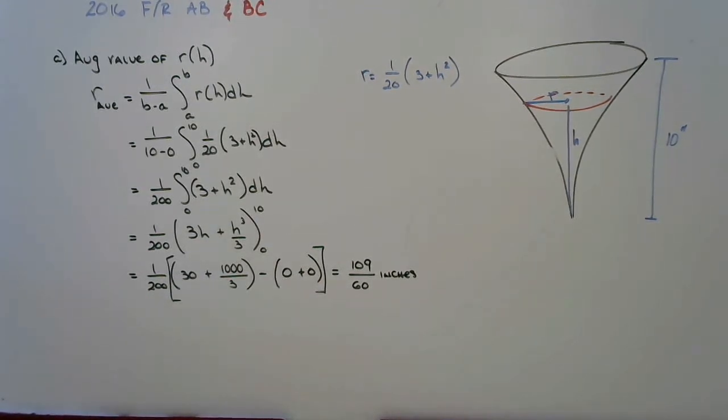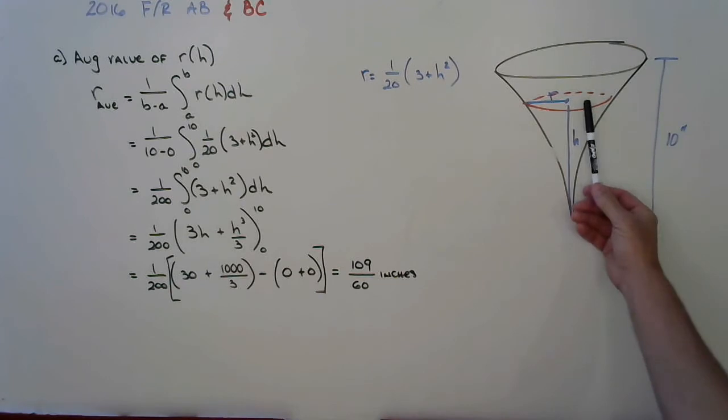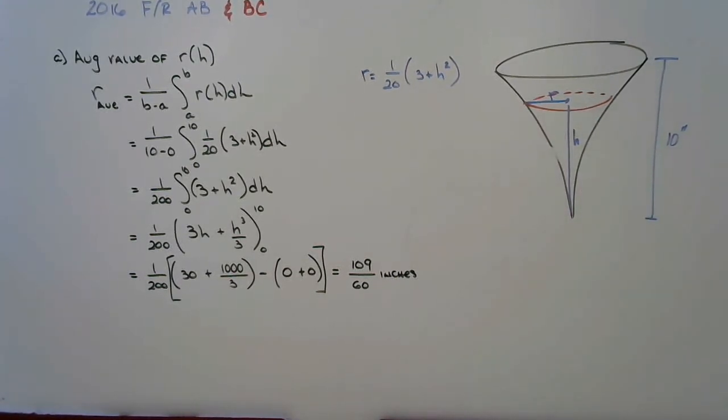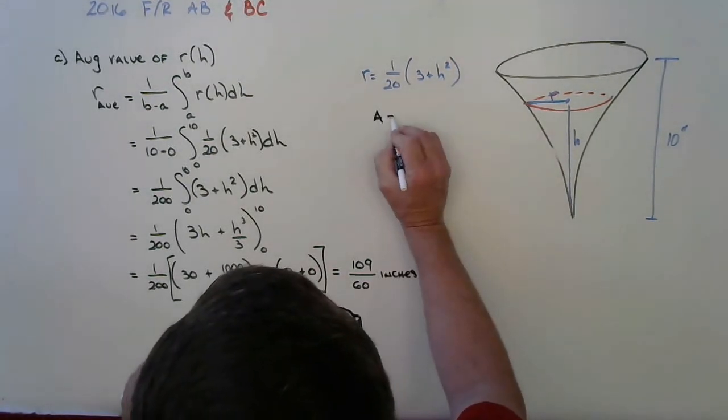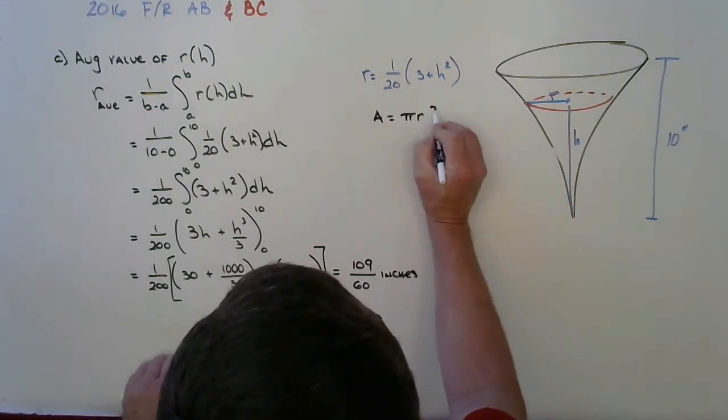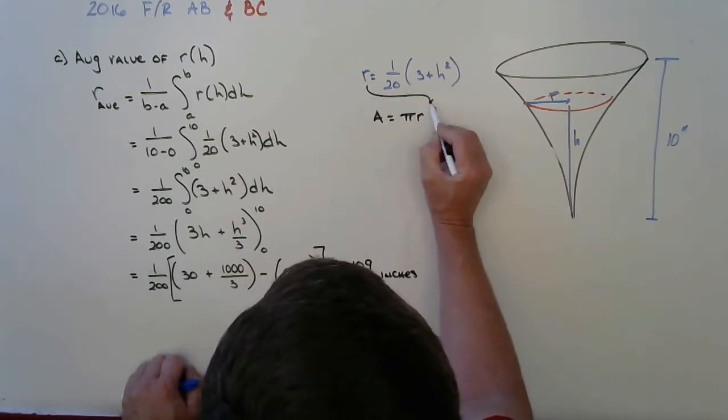These are circles, so we're going to add together a bunch of circles. We know the area of the circle is pi r squared. Here's r right here.